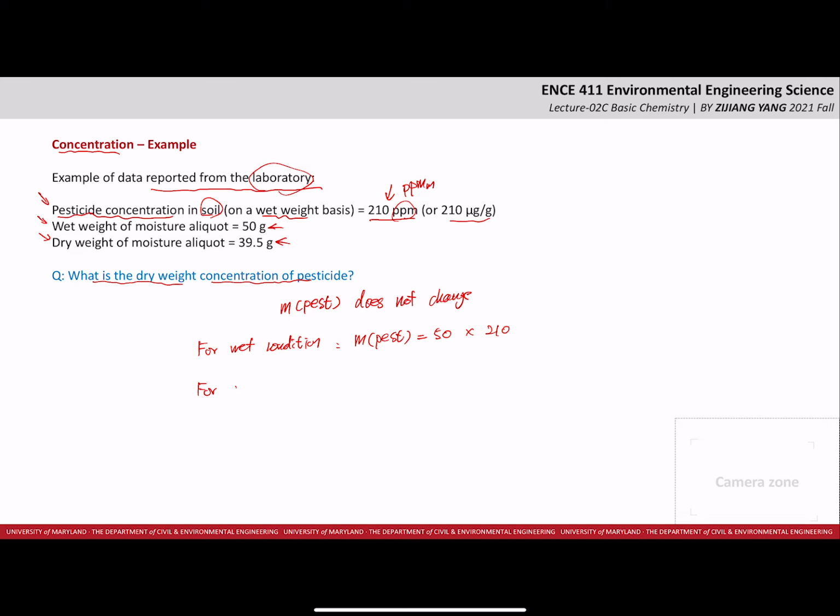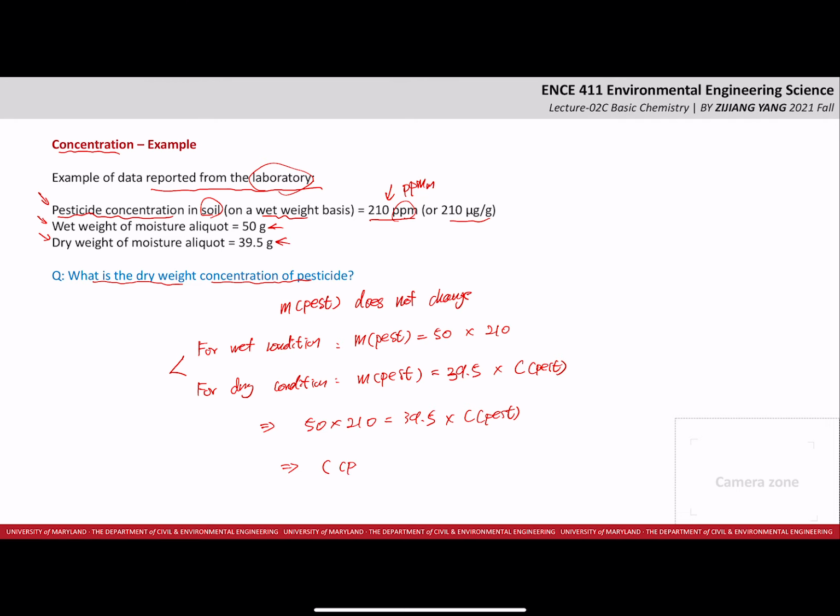And we also know that for the dry condition, the mass of pesticide equals the mass of the soil, which is only 39.5, times the concentration of pesticide. And because they are equal, we have the equation as this one. And we can solve this equation.